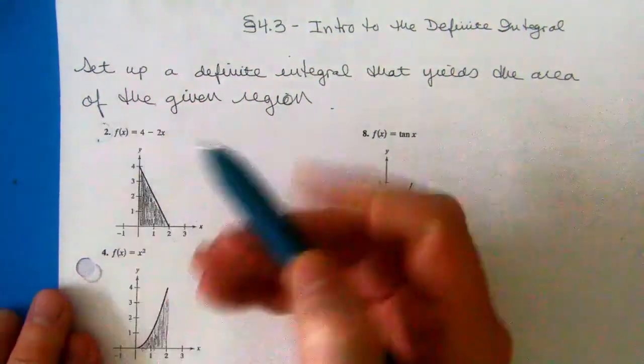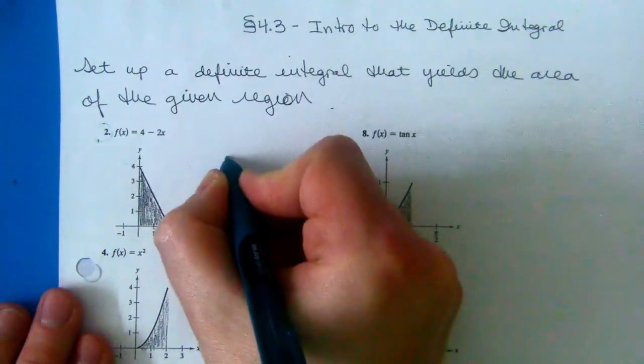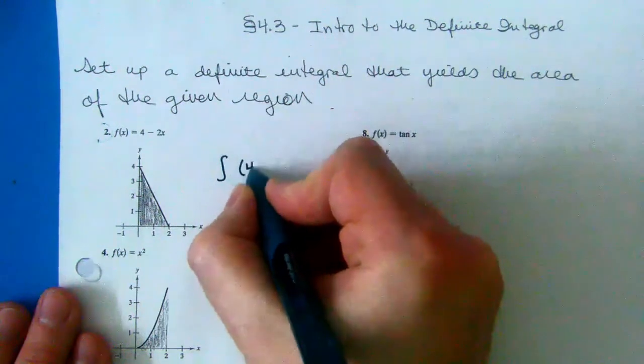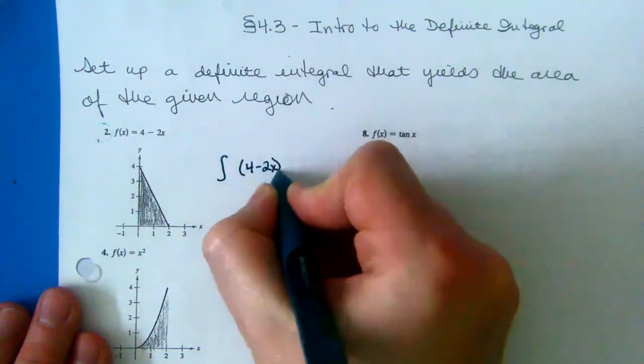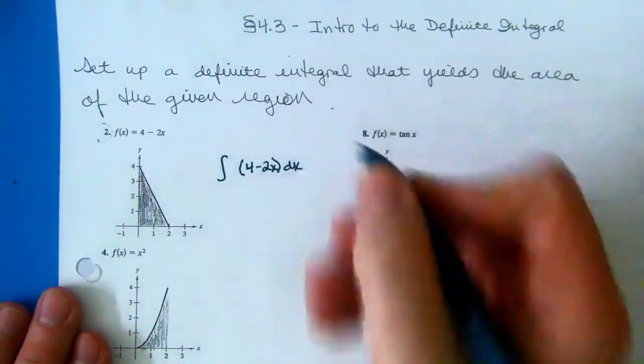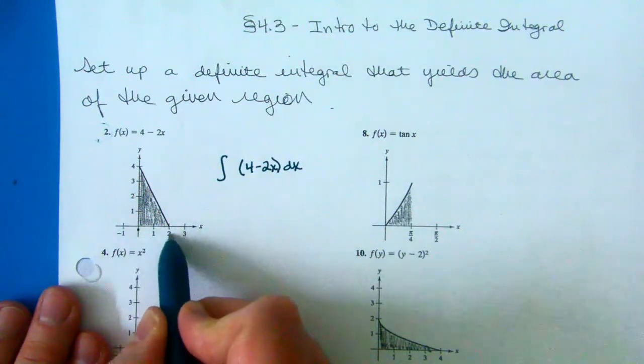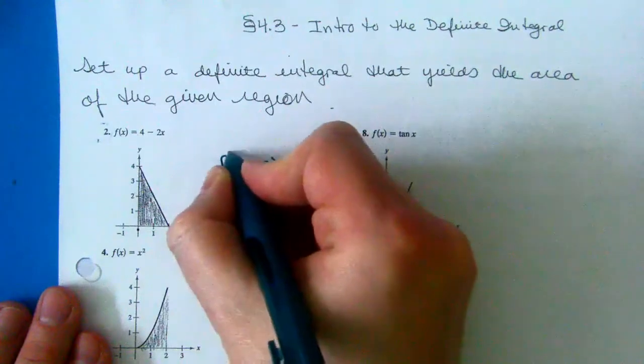In problem number 2, my integral is going to look like this. I'm going to find the integral of the function 4 minus 2x dx from my lowest x value, which is 0, to my highest x value, which is 2.